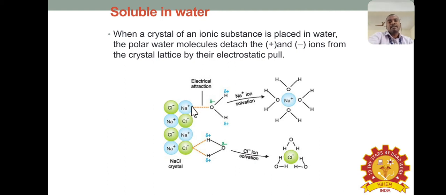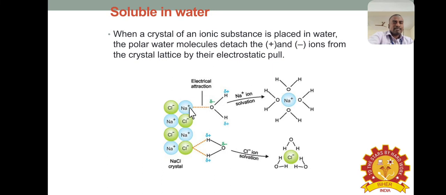Na plus needs electrons, but oxygen has an excess of electrons, so it is ready to donate its pair of electrons to sodium. So it makes a weak interaction between sodium and oxygen. This interaction is called electrical attraction because it involves electrons.